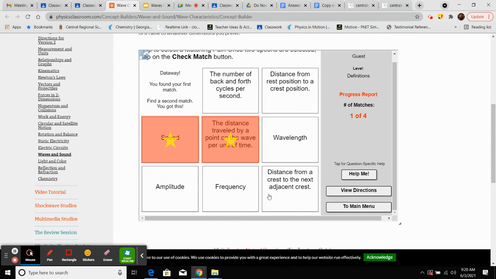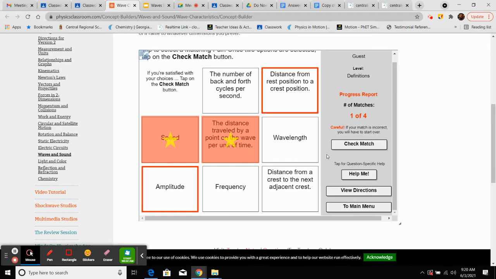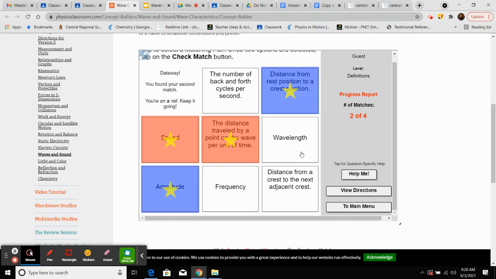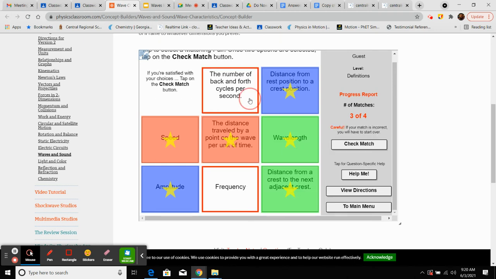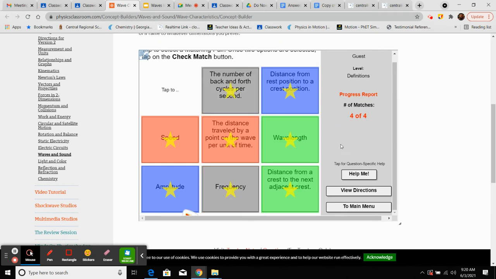What about amplitude? Distance from rest position. Good. Wavelength. And then frequency, number of cycles per second. Solid.